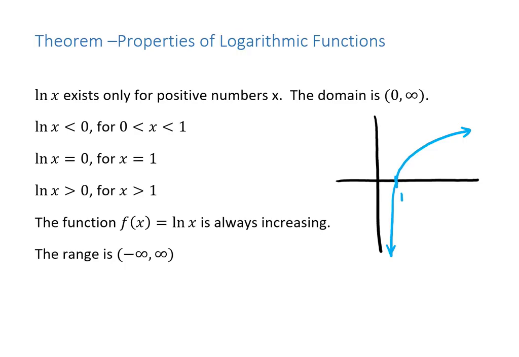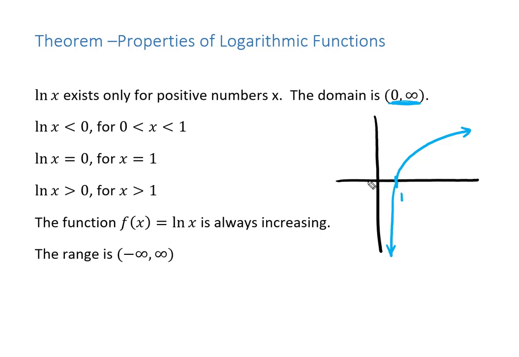When we're talking about natural log, it only exists for positive numbers, and so when you graph it, you only graph values which are greater than 0 all the way to infinity. That's the domain, from 0 to infinity, but not including 0, not including infinity. Notice that natural log is less than 0, meaning that the y values are negative for values between 0 and 1.